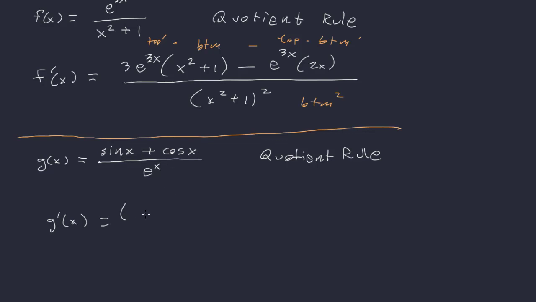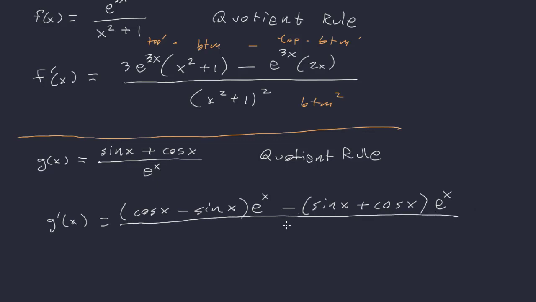The derivative of the top will be cosine of x minus sine of x, then times the bottom left alone, then minus the top left alone, which will be sine of x plus cosine of x, times the derivative of the bottom. The derivative of the bottom is still just e to the x, all over the denominator squared.